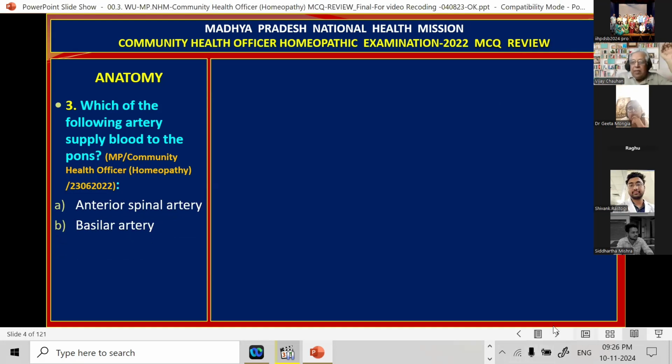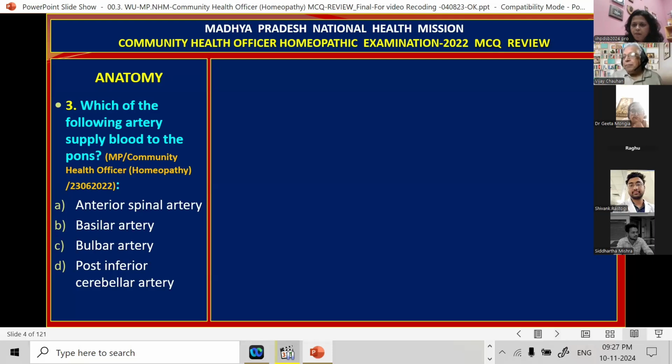Option C, bulbar artery. Option D, posterior inferior cerebellar artery. Can anyone please give me the answer?